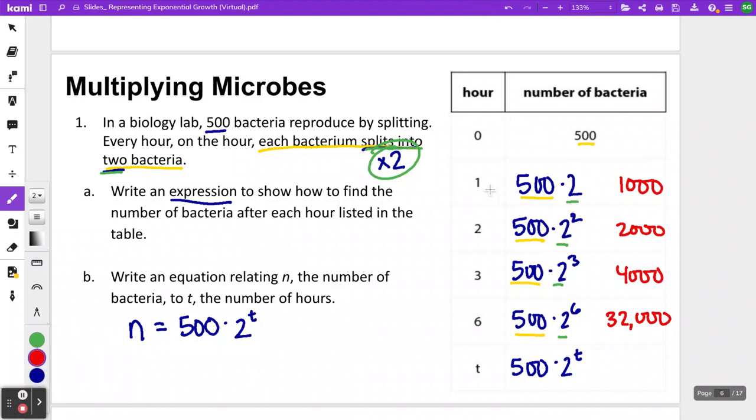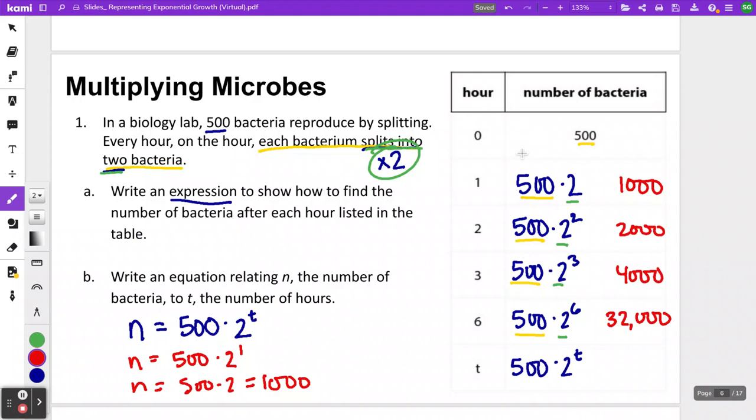For example, if I chose hour 1, this equation is saying the number of bacteria would be 500 times 2 to the t, and t is my hour. So if I put hour 1 right there, 2 to the first power is just 2, and 500 times 2 is 1,000, and that would be the number of bacteria we have there.